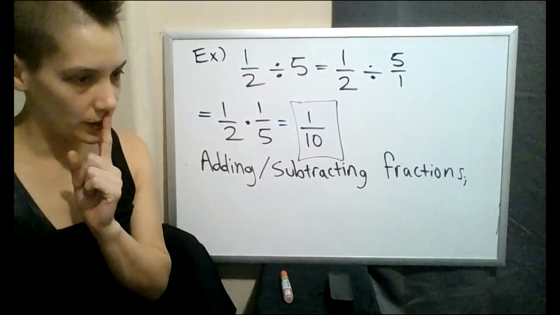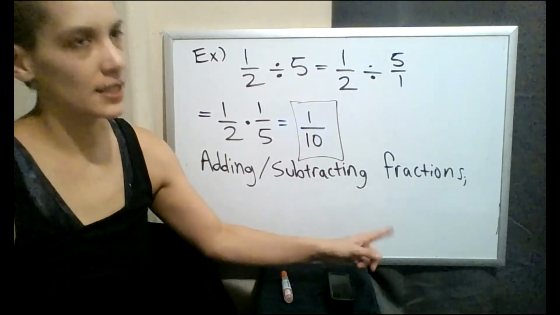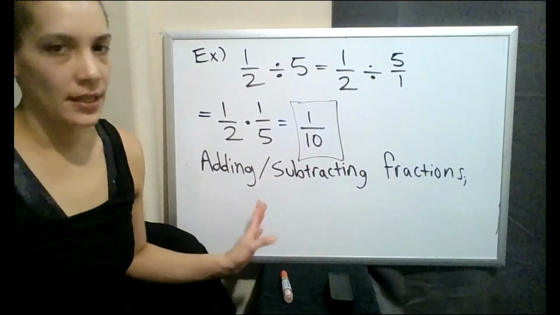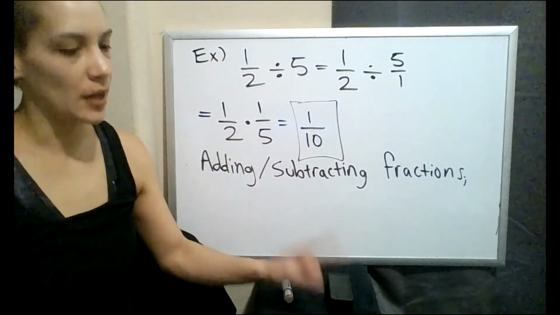Adding and subtracting fractions requires a common denominator, and I suggest finding the least common denominator.